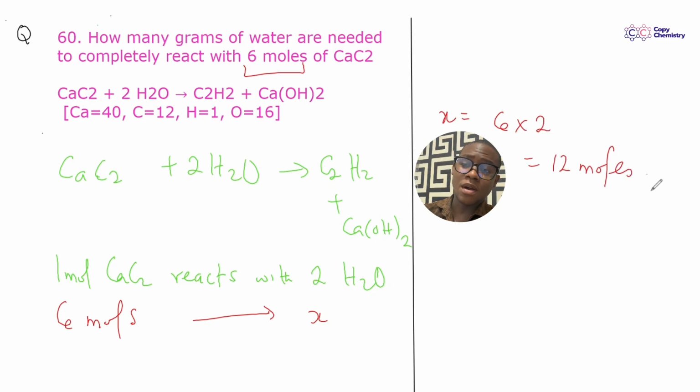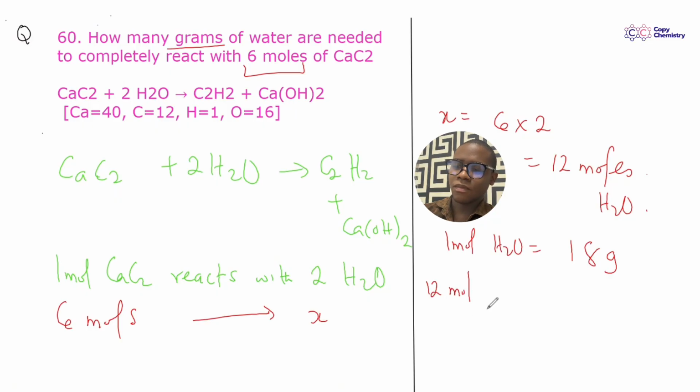Are we going to stop here? No, because we're asked how many grams of water. 1 mole of water is equivalent to the molar mass of water, which is 18 grams per mole. So 1 mole of water weighs 18 grams. That means 12 moles of water will just weigh, X or Y. And then you calculate that by simple multiplication.